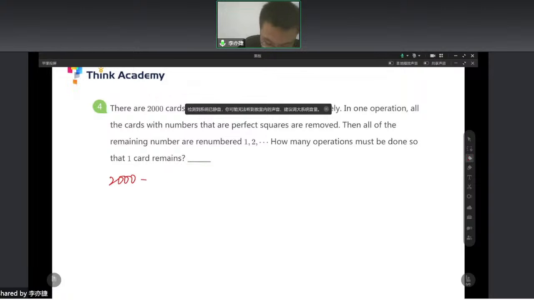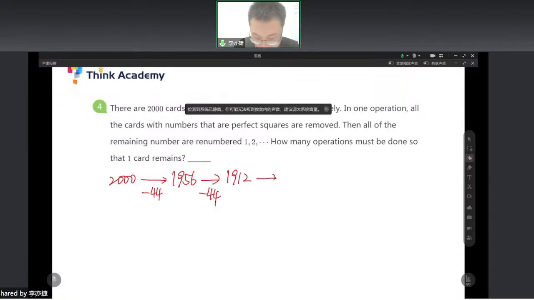So in the first operation, we minus 44, right? So then we reach 1956. And then we should remove another 44. 44 squared is 1936, so we minus another 44 to become 1912.